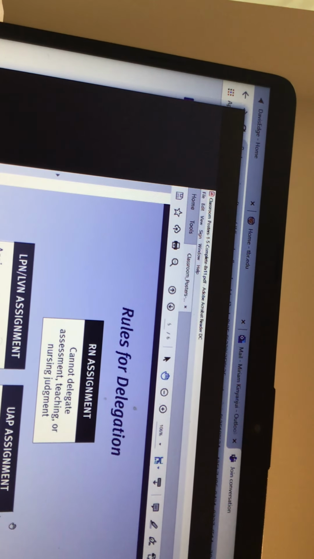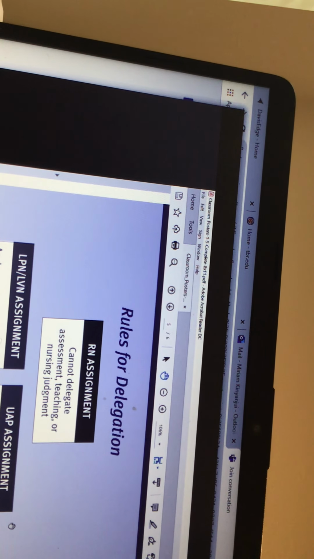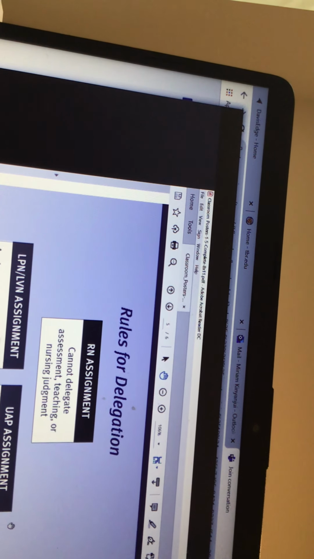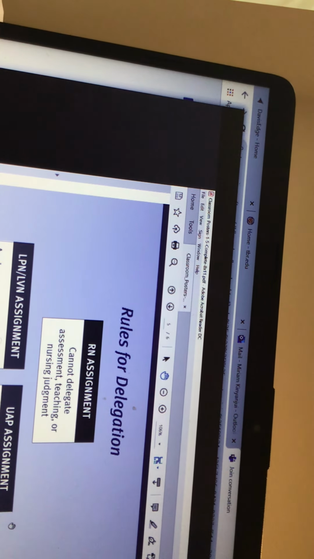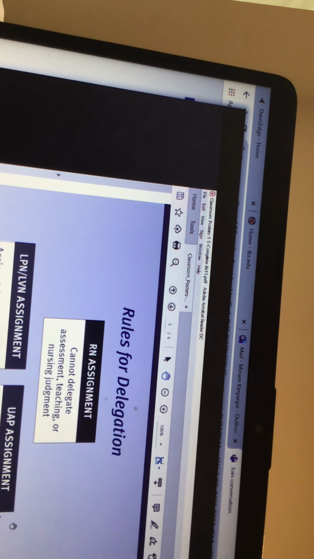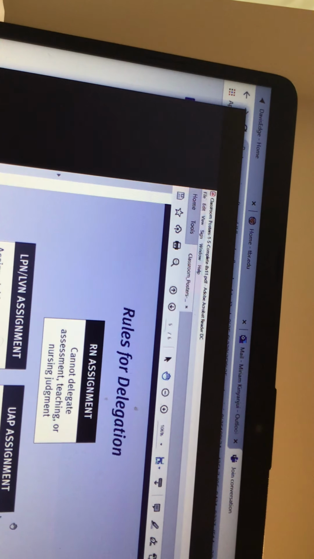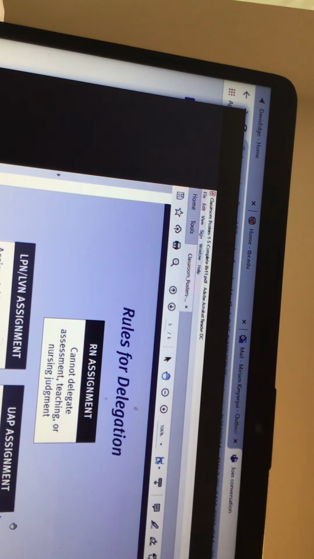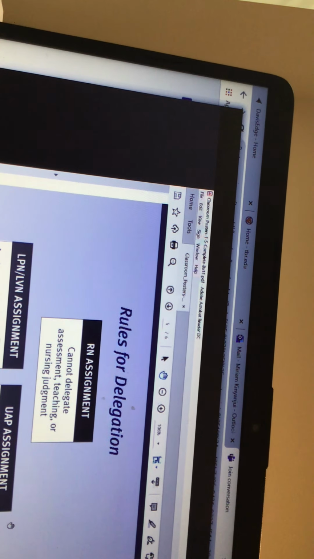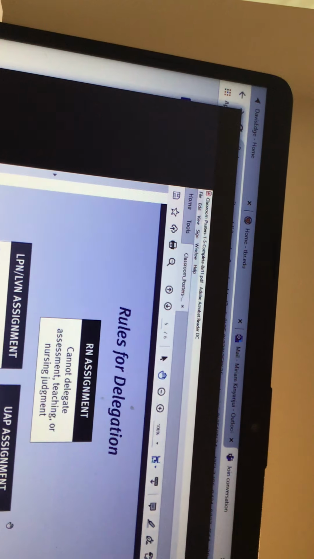Okay, now, so that's the big thing that you want to remember with delegation. If you can remember what the RN is the one that does, everything else kind of falls into place. But you also want to keep in mind that as the LPN, you are really only allowed to be assigned to stable patients with expected outcomes.